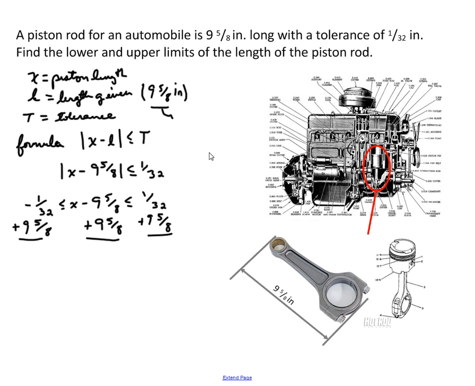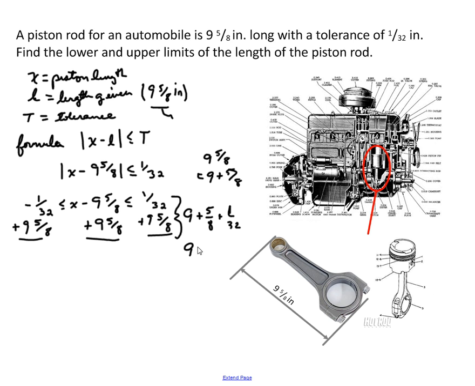That's okay, we can handle it. 9 and 5/8 is really the same thing as saying 9 added to 5/8. So in this addition problem, we actually are going to have 9 plus 5/8 plus 1/32. We need to get a common denominator between these last two.